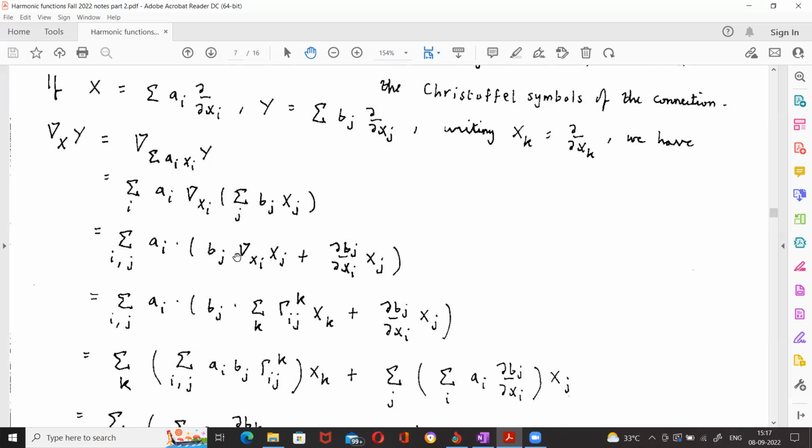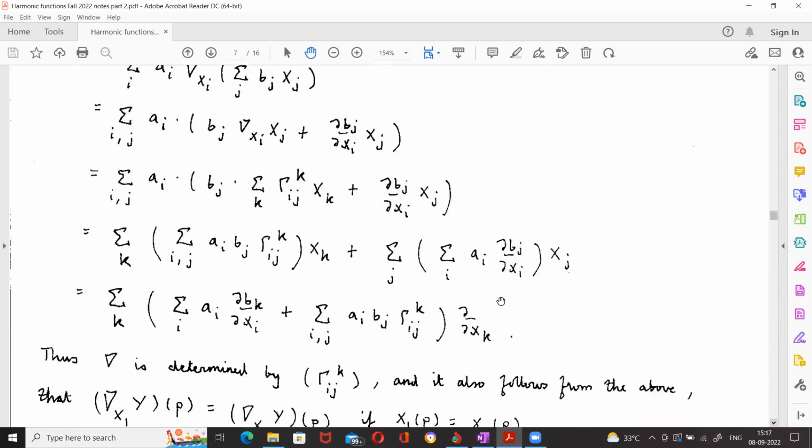Yes, sir. And now what is nabla_Xi Xj? Xi is del/del xi and Xj is del/del xj. So this is just the sum over k of Gamma_ij^k Xk, by definition of the Gamma_ij^k's.